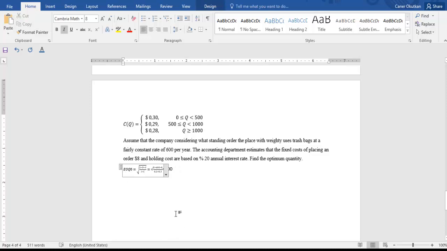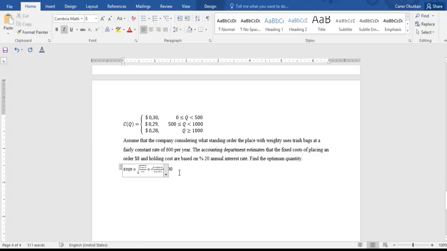So we find 400 in this part. We check it. The quantity is between 0 and 500. We find 400, so it is normal. It's not a problem.